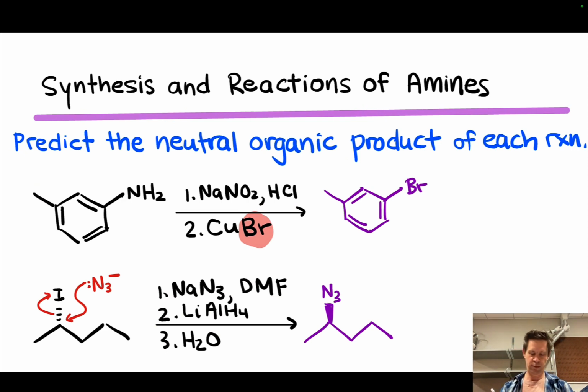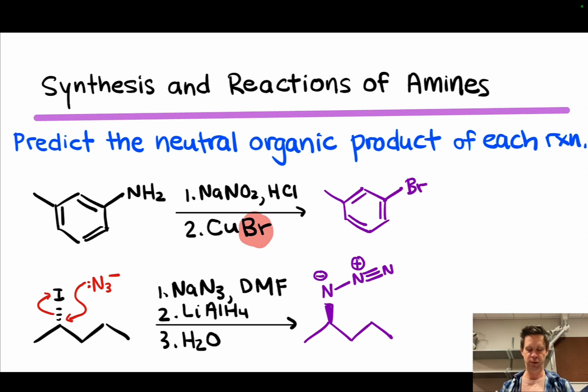Now that we've got the N3 group connected there, if we draw out the N3 group, we're going to notice something, that we have an N2+ leaving group that's built into this thing. So the purpose of lithium aluminum hydride is essentially to shove off that N2+ leaving group and replace it with H-, a hydrogen.